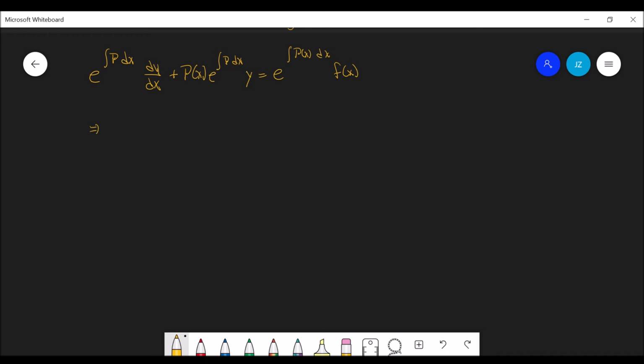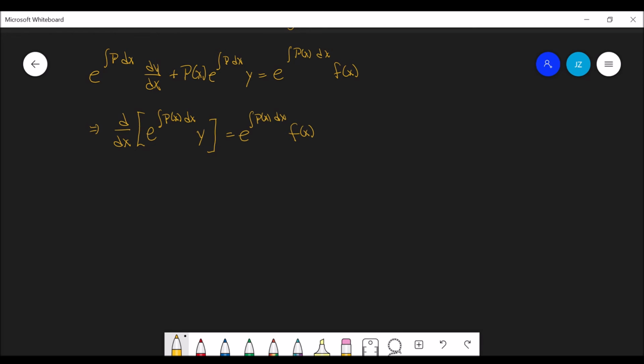This will give us that d/dx of e to the integral p(x) dx y is equal to e to the integral of p of x dx times f of x.